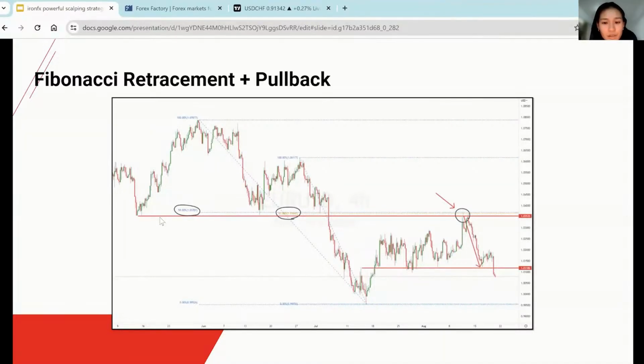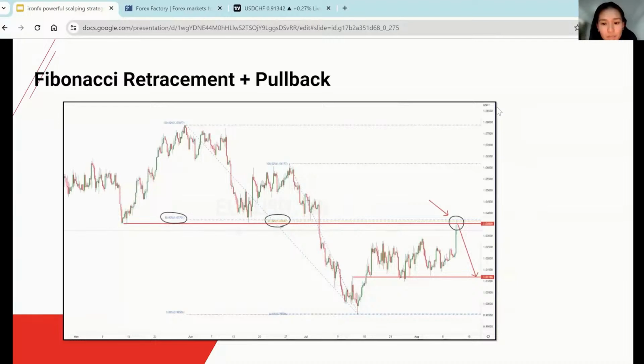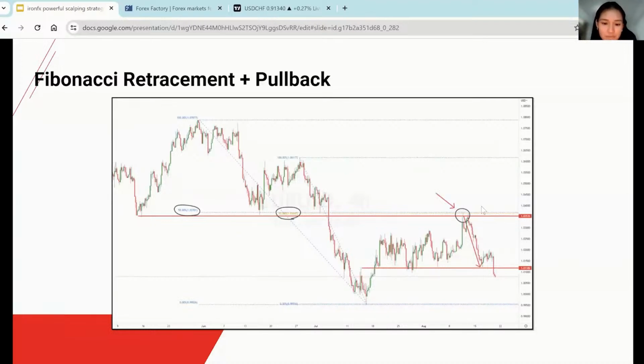Since we have two Fibonacci levels that line up, we actually call it a Fibonacci confluence area, which basically implies that we're expecting price to reverse off of those areas instead of breaking through. Here you can see price has reached that confluence area along with our pullback, and we're expecting it to reverse off of it, which is exactly what happened here.